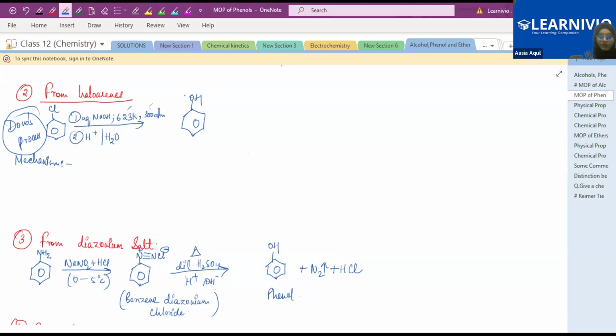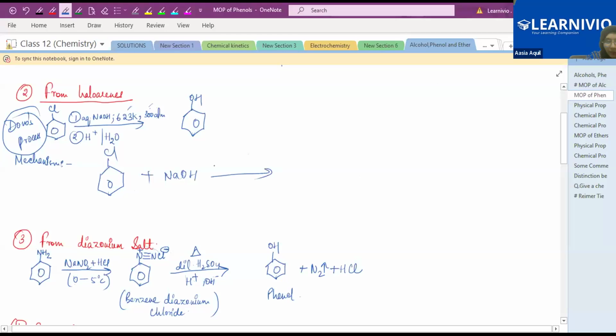Suppose we have this chlorobenzene. When you treat it with NaOH, the temperature range here is 573 to 623 Kelvin, and 300 atmospheric pressure.